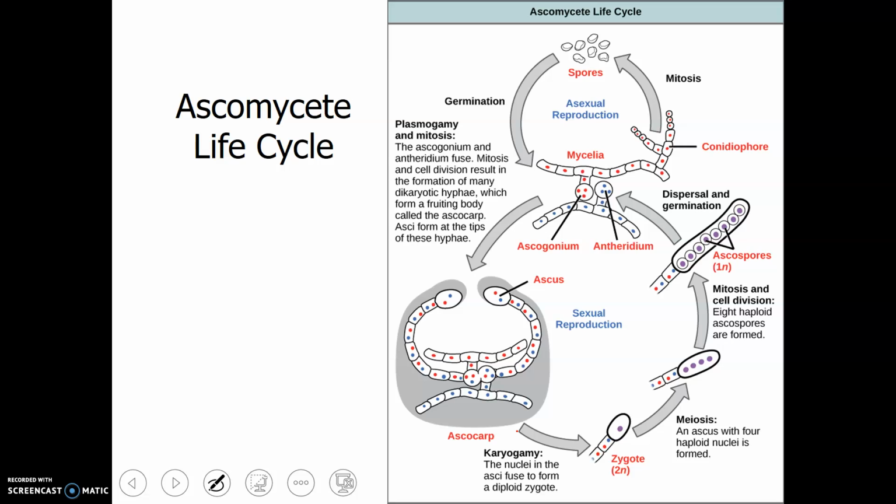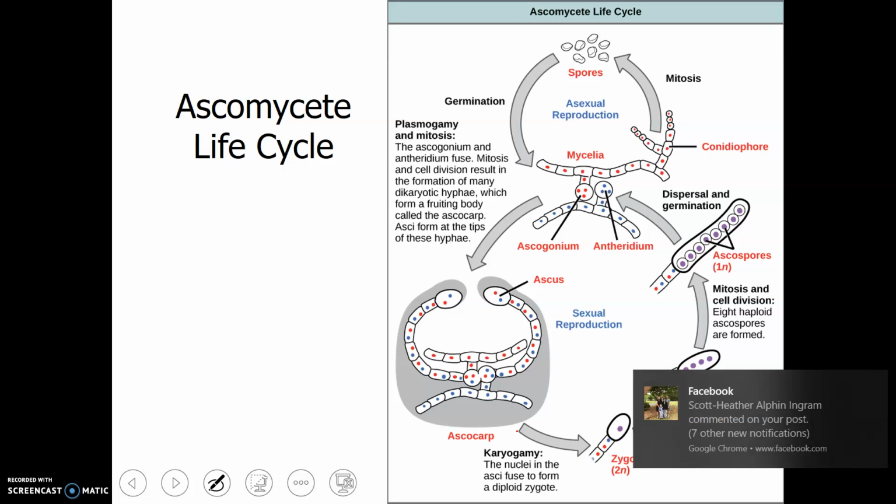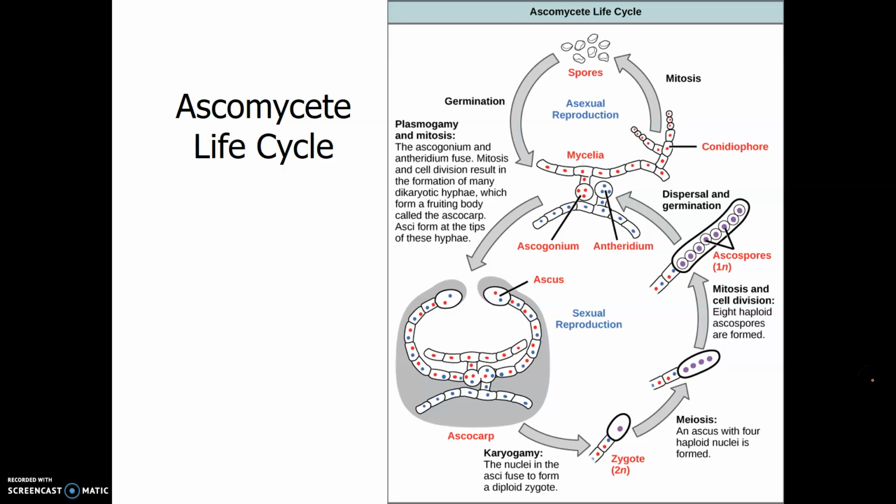For the sexual reproduction, there's still the positive and negative mating types. Now in the Ascomycota, the mycelia or the hyphae are septate.